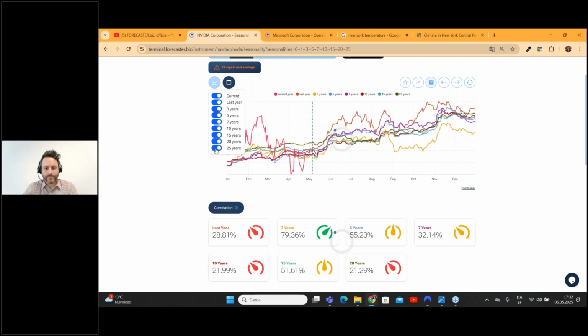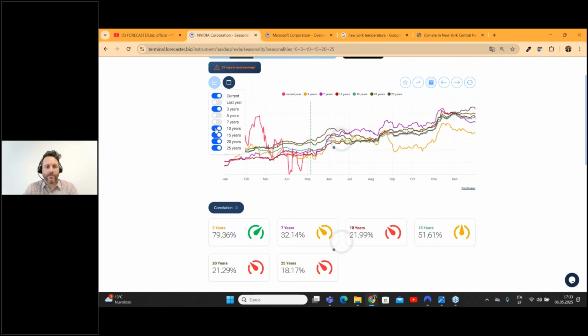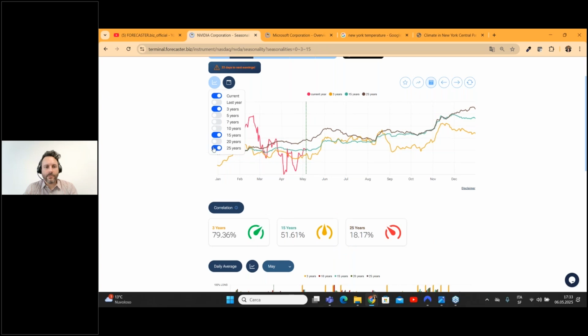As you can see, the only one at the moment with a very high correlation is the 3-year seasonality. It means we can keep only that seasonality on the chart, the 3 years, okay?